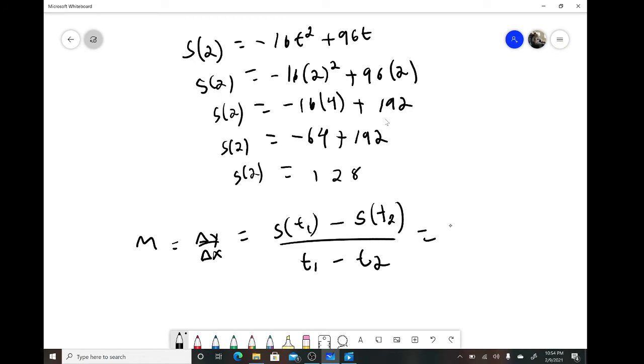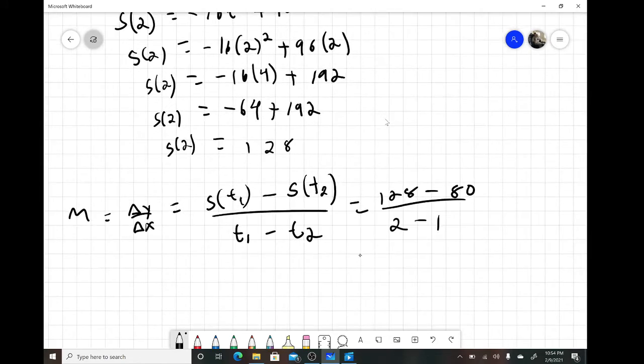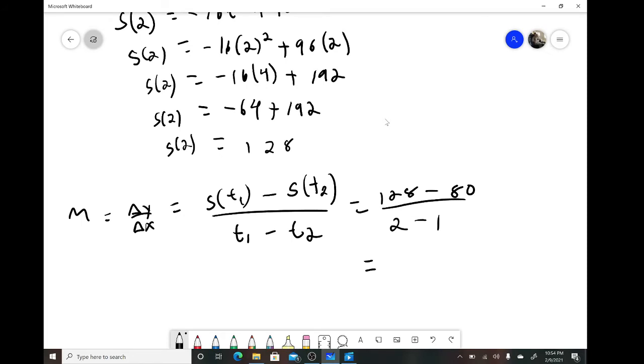So it's 128 minus 80, which we said was the value before, divided by 2 minus 1. We get 2 minus 1 in the denominator, and in the numerator we get 48. So it's equal to 48 feet per second.